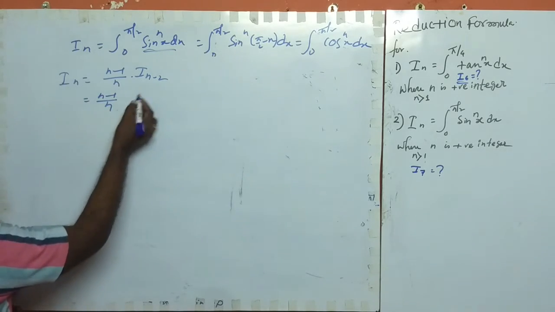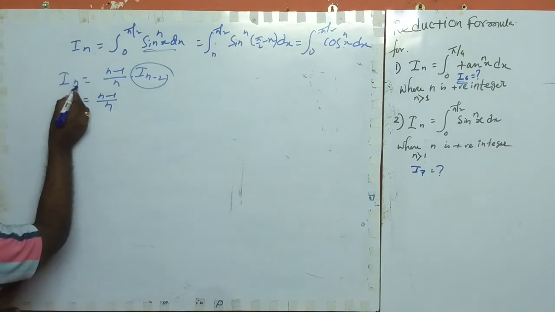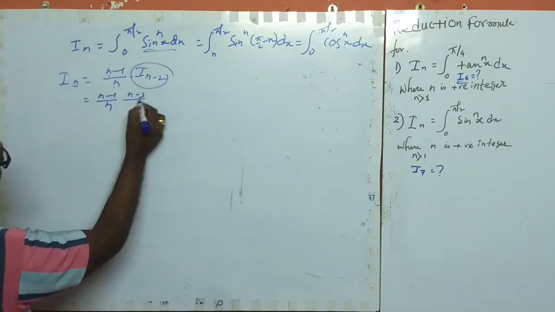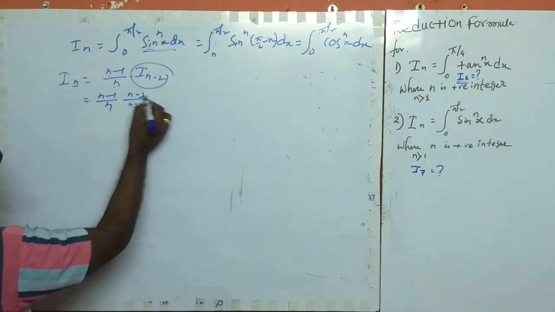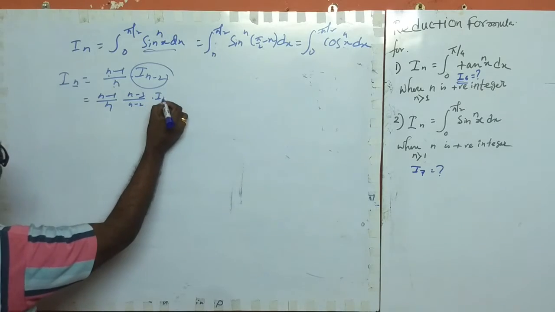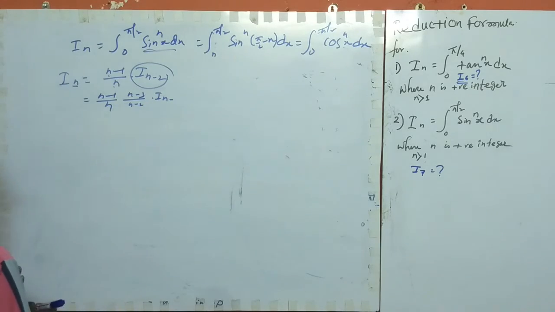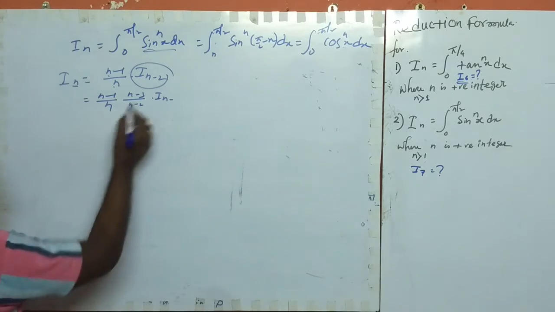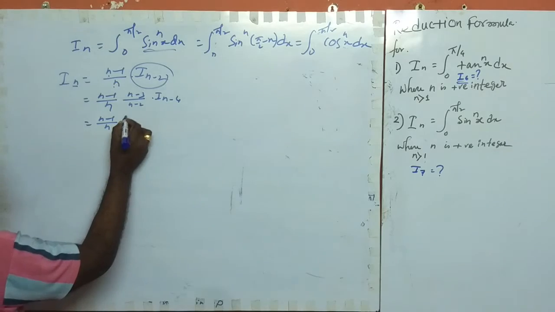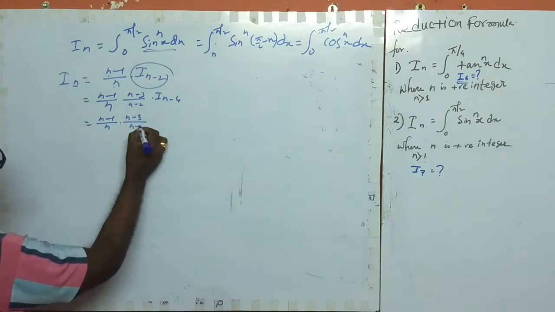See here, replace n with n minus 2, so we get n minus 3 by n minus 2. Again, if we put n minus 4 here, we get n minus 1, n minus 3 by n minus 2.